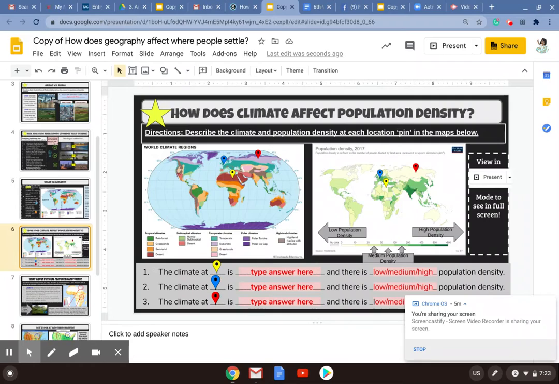It says number 1, the climate at the yellow marker right here and right here is blank. Erase where it says type answer here. You're telling me what kind of climate, and whether there is low, medium, or high population density. So the first map is answering the first blank. The second map is answering the second blank, excuse me.